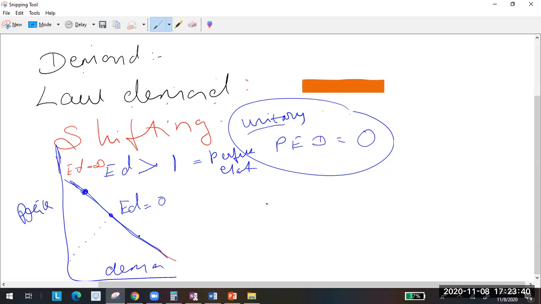Now what does this point represent? ED is equal to what? Is it greater than one? Yes. And what does ED greater than 1 represent? Which elasticity?